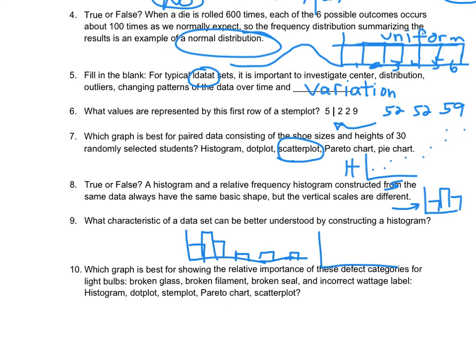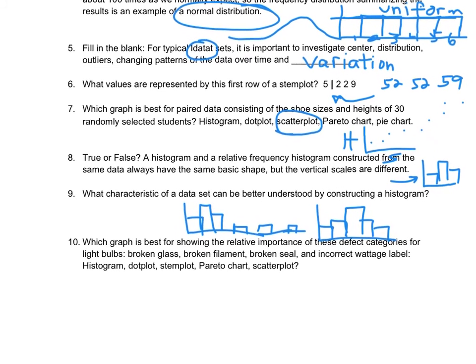Or maybe we have a little bit of data and it gathers some steam here as we get to the middle, and we have more of a normal distribution, a little more consistency. And so the histogram is great for showing the shape, sometimes called the distribution.